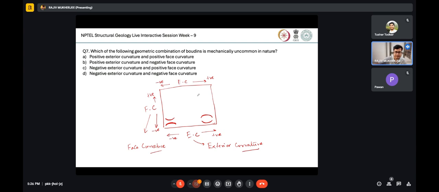So in this case, we will have positive exterior curvature and positive face curvature. So the Boudins will almost be like a rounded, lobate shape. Here we will have dumbbell shape Boudins. And here we will have spindle, I mean, this kind of shape.